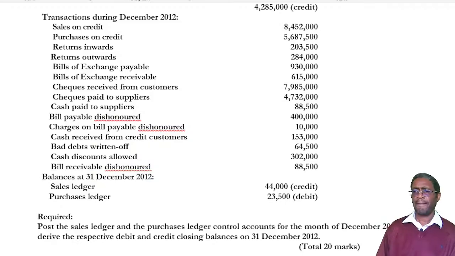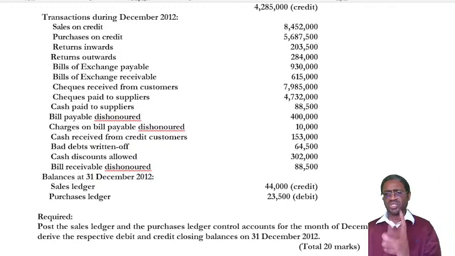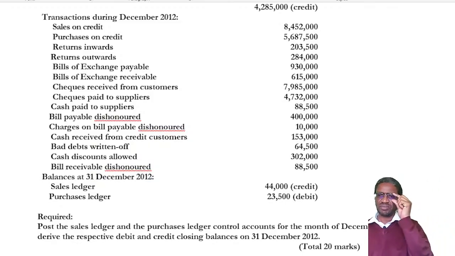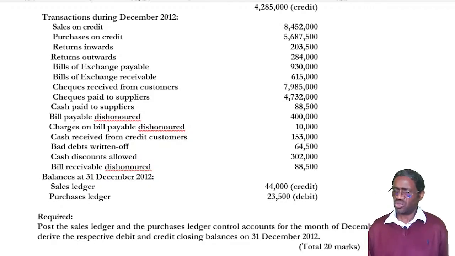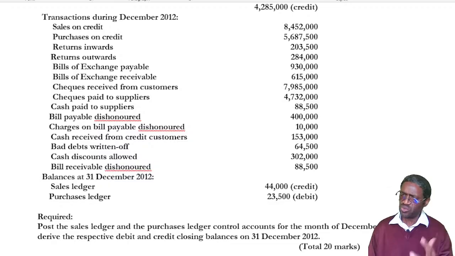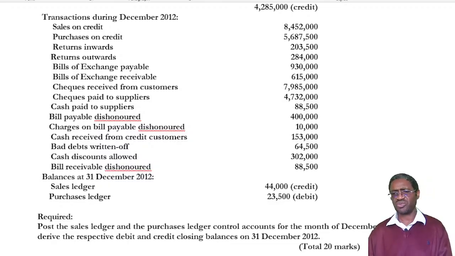Next one. After charges on the bills dishonored, we have cash received from credit customer. That's okay. We just sold goods to our customers. Now they are paying us. So we reduce what they owe us. Cash received. So go to the customer's account.